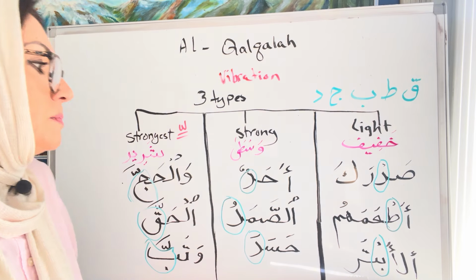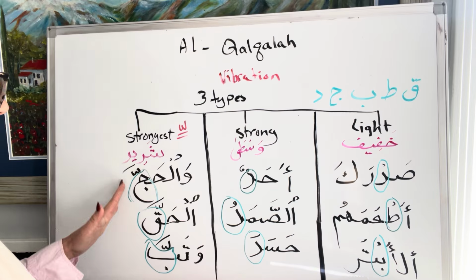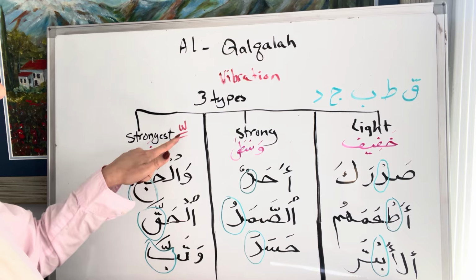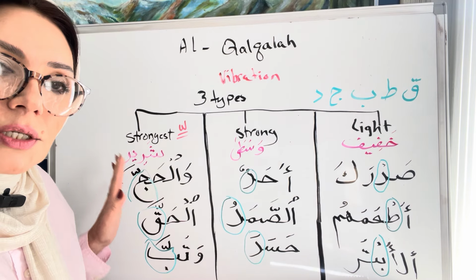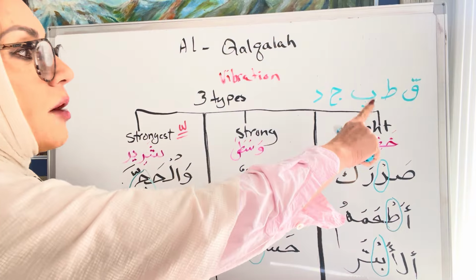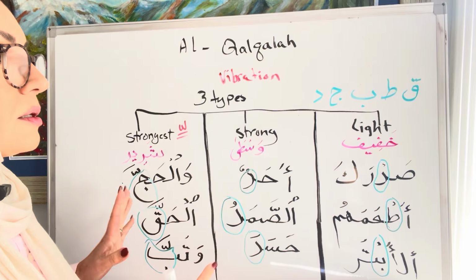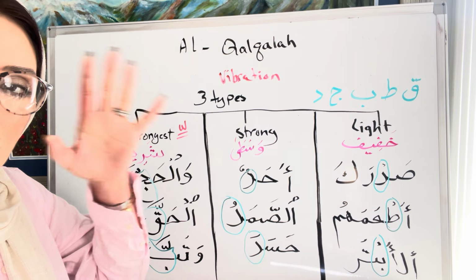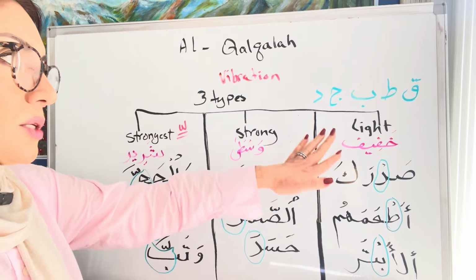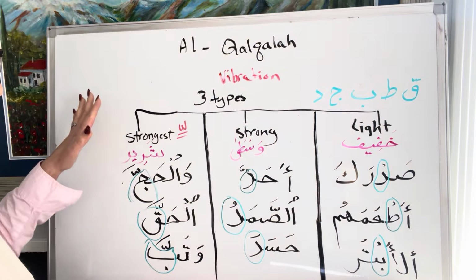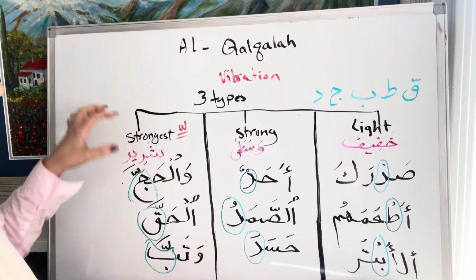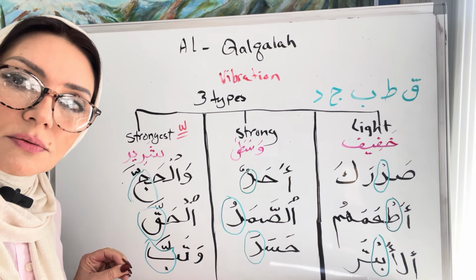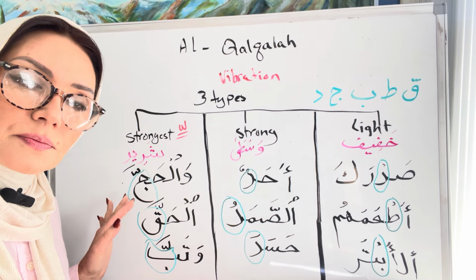Watabba, right? So these are the strongest because your clue is there's a shadda on these letters. Anytime you come across these letters, qaf, ta, ba, jim, and dal, which is qutb jad in the shorter version, you can just read it as qutb jad. And this is easy because there's a shadda on it, so you know that this is the strongest. And it comes at the end of the ayah.